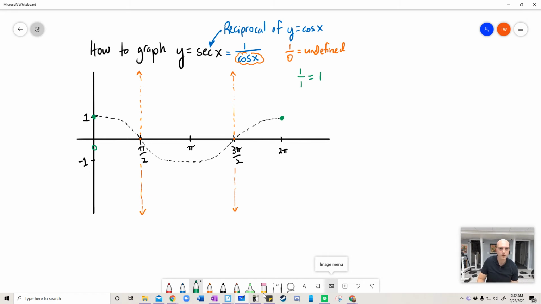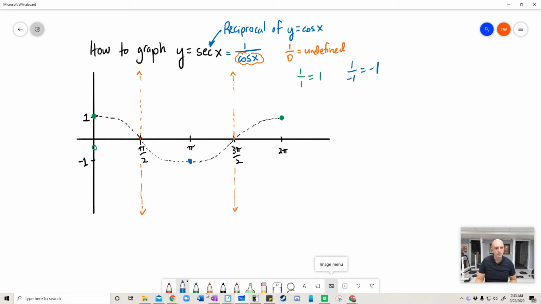So therefore, the secant value at 0 and 2 pi is 1. Similarly, at pi, we notice that cosine is -1, and 1 over -1, which is its reciprocal, is -1. So the secant is -1 at pi. So it has the same values as cosine at 0, pi, and 2 pi.